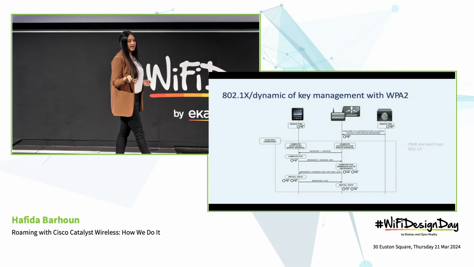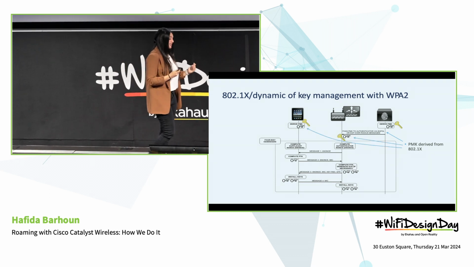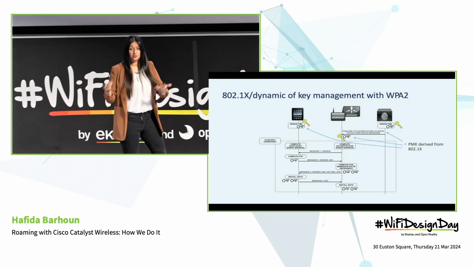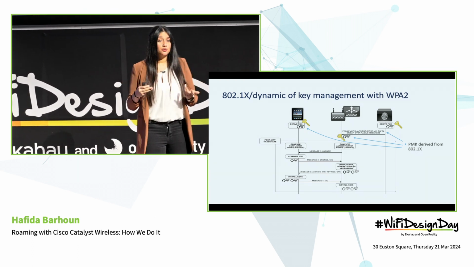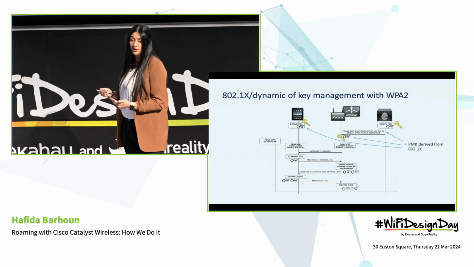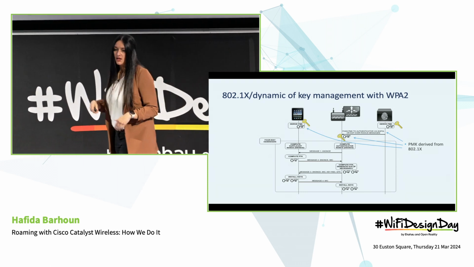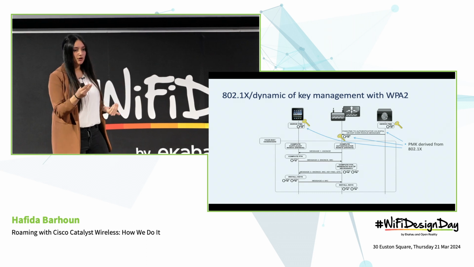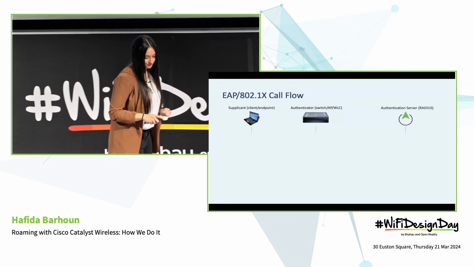With 802.1x, the process is quite similar, except that instead of generating the PMK, the first derived key, from a static password, we use a dynamically generated password at the end of the EAP authentication.